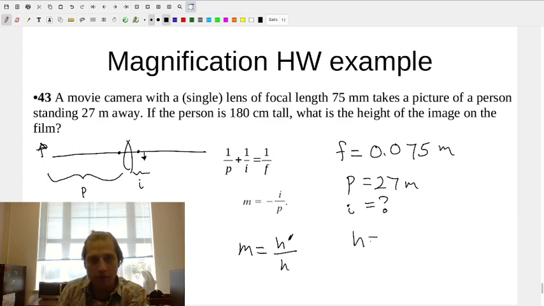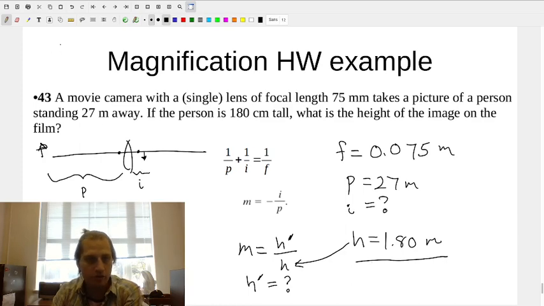So the height of the person is 180 centimeters, so that's 1.80 meters. So you're going to use this. You're going to find that H prime. So you're looking for how big that image is on the film. I'm going to let you work on that problem for next time too, and we'll see how it goes.